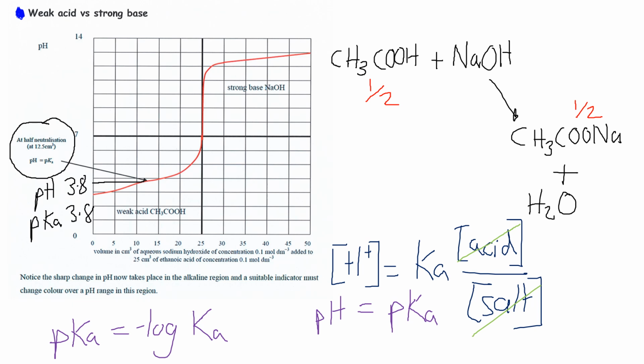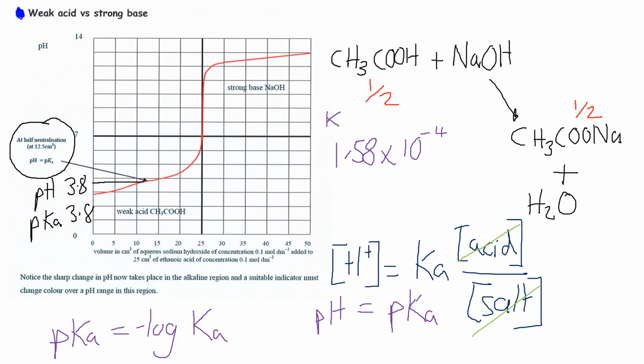So if you have a weak acid versus strong base graph like this, you can read to half the equivalence point, read off the pH, which in our case is 3.8, which means pKa is 3.8, and therefore we can do a calculation and we can say that Ka is 1.58 times 10 to the minus 4.